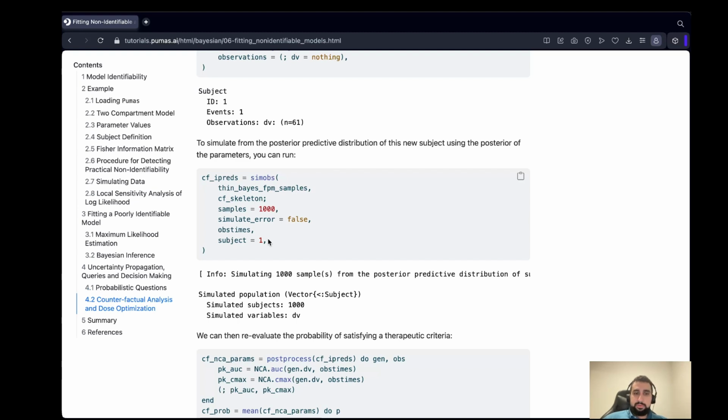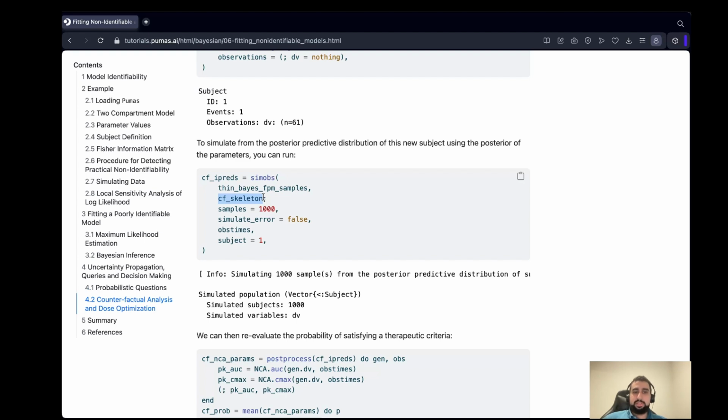So if you want to simulate from the posterior of the random effects of a specific subject, you use the subject's index here. If you don't use a subject index, it will treat this as a new subject. That means it's going to reuse the posterior samples for the population parameters, but it will sample from the prior distribution of the random effects.